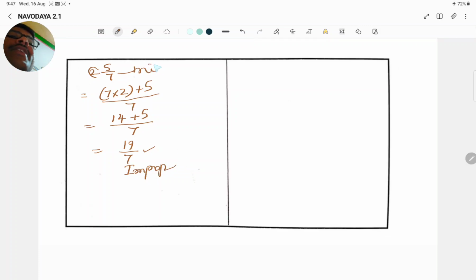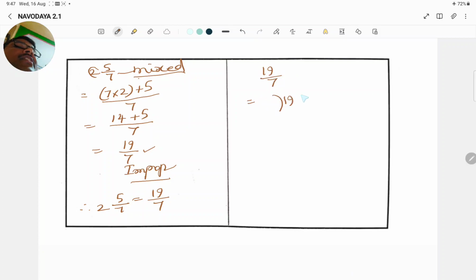This was the mixed fraction, now mixed to improper. Therefore 2 5/7 is equal to 19 divided by 7. Next I want to convert 19/7 into a mixed fraction.